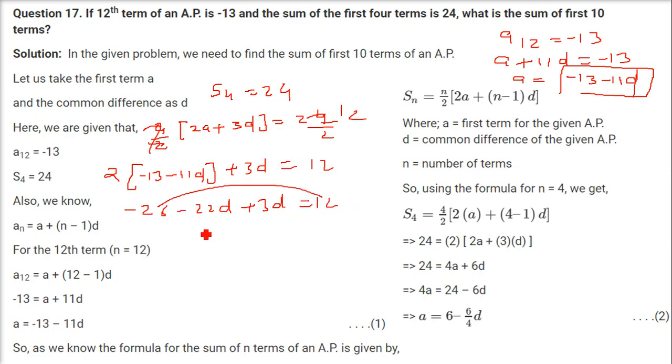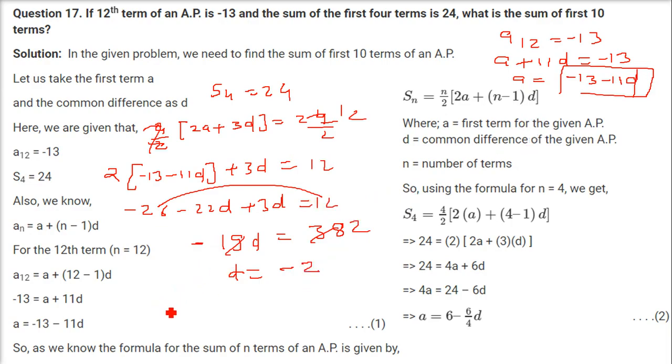Bring 26 here, so this will be equal to 38. And 3D minus 22D will be 19D, and it will be negative. So D will be equal to minus 38 by 19, that is minus 2. So D is minus 2.